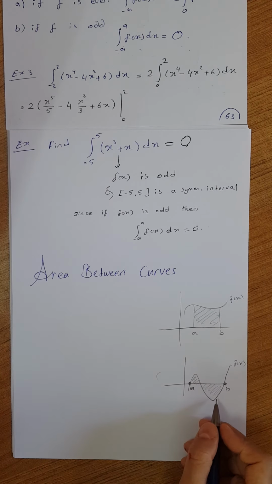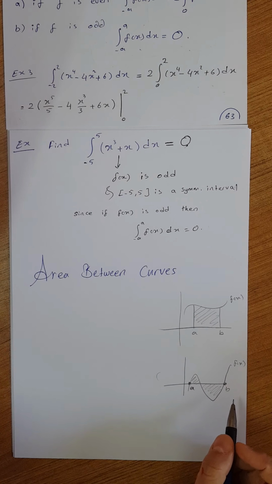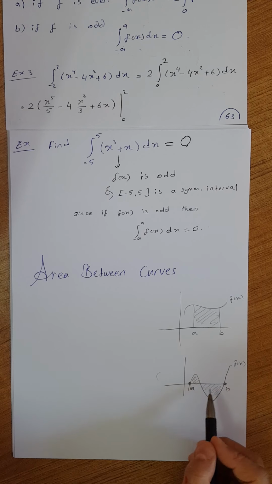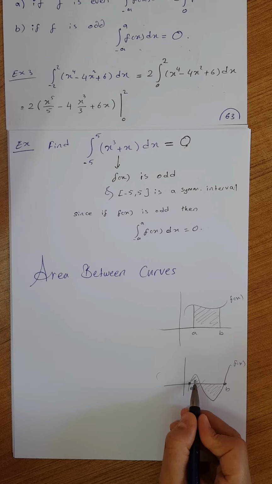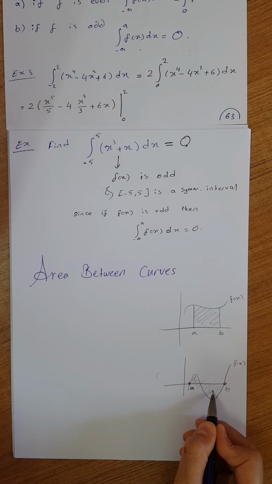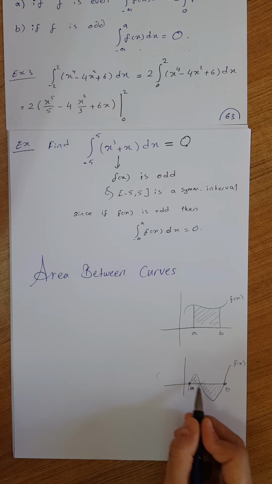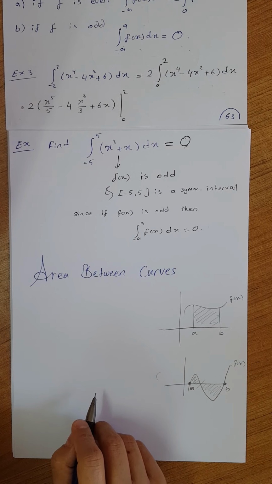When we were solving such kind of questions, we first set the function equal to 0, found the intersection points and divided it into sub intervals. This would have been area 1, that one area 2, and then at the end the total area is equal to the absolute value of area 1 plus the absolute value of area 2.